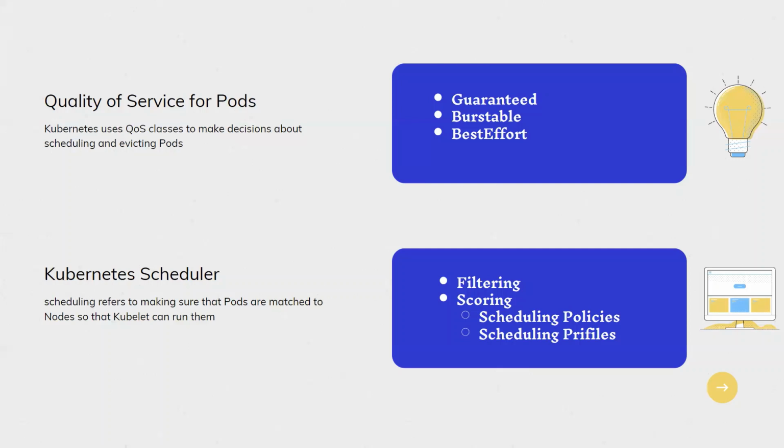How does it assign that? It has filtering and scoring options. Each VM will have a score. So based on the scores, the scheduler thinks, okay, this VM has the best score, I have to assign it to that one. Okay, so this is all applicable only if you are running normal scheduling.